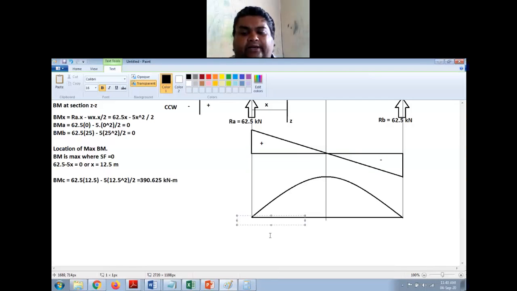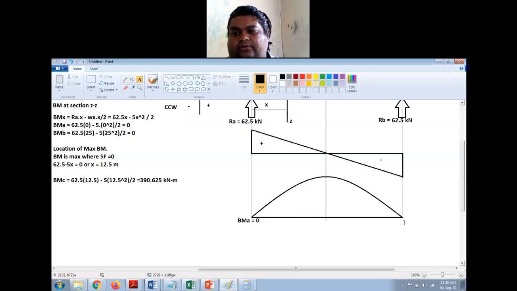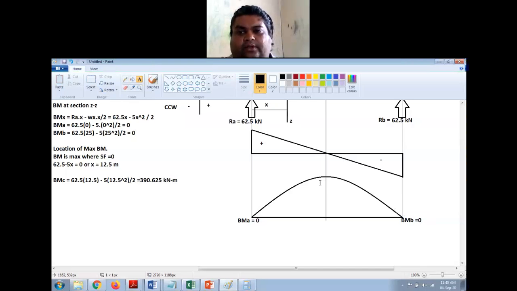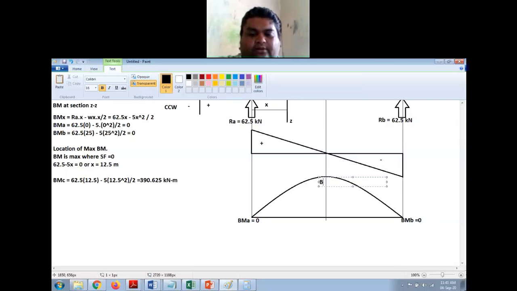And you have to write the values. Now here I'll write BMA equal to 0, BMB equal to 0, and here BMC equal to 390.625 kilonewton meter.